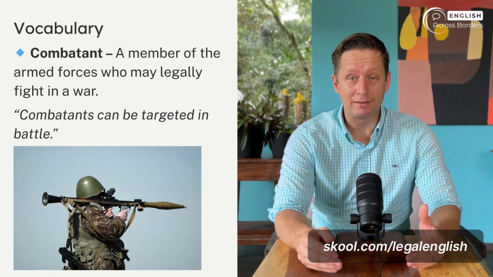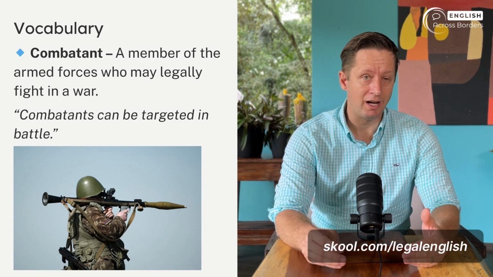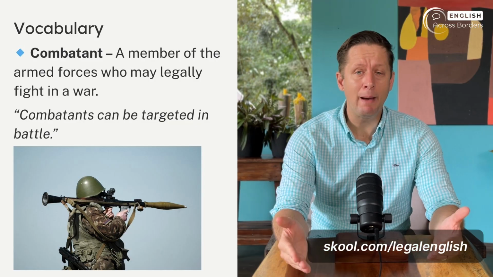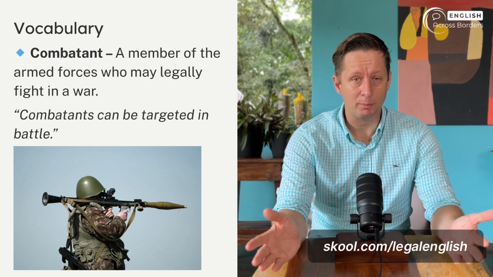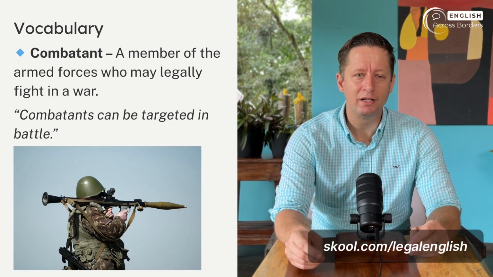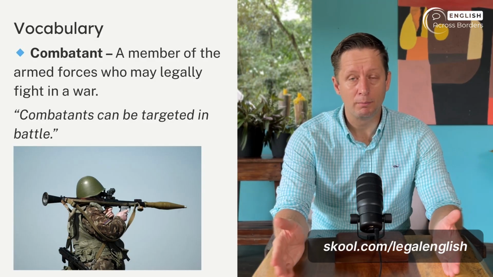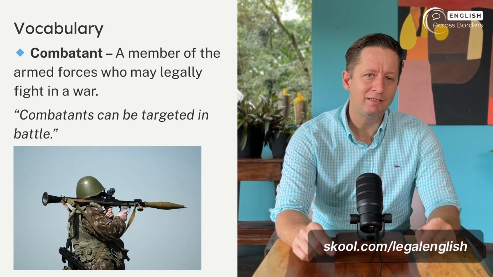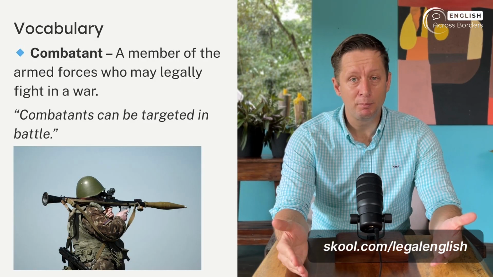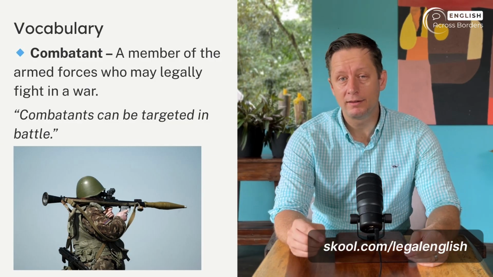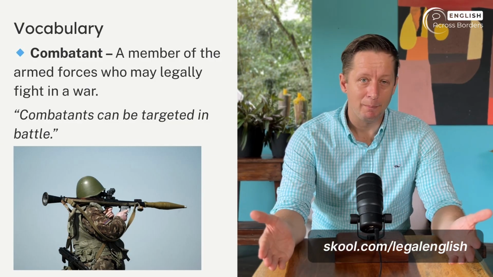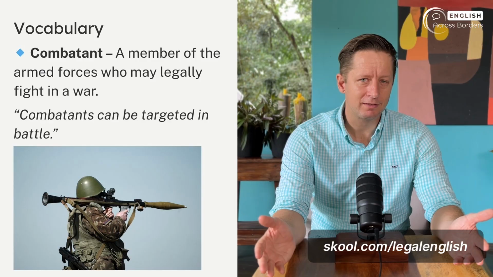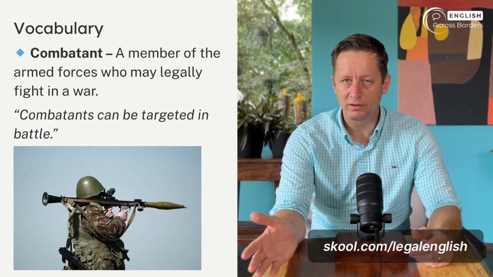However, combatants also have rights under IHL. If they are captured in an international armed conflict, they must be treated as prisoners of war, POWs. This means they cannot be punished simply for fighting as long as they followed the rules of war. Imagine a young law student asks, can a soldier be attacked while sleeping?